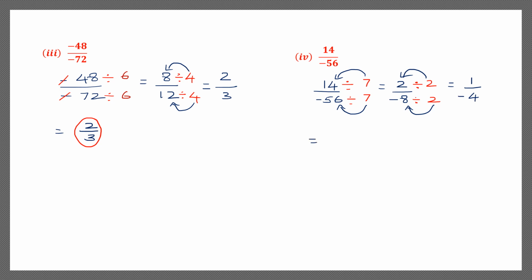So what do we have here? 1 by minus 4. 1 by minus 4 is our lowest term here. If I have to still go further, what I can do is I can give this a plus sign and then work out and get a final answer with a sign. Signs plus into minus is minus and our fraction is 1 by 4. So I can also write this as minus 1 by 4.